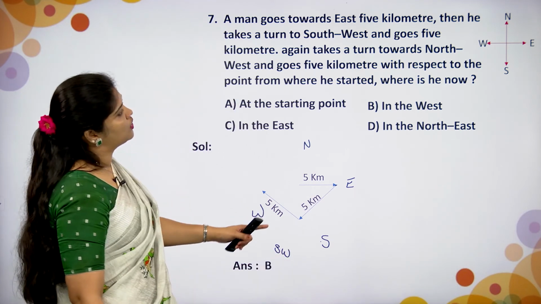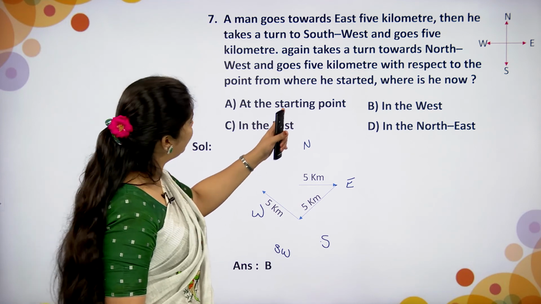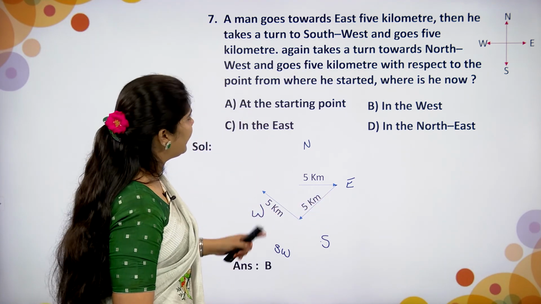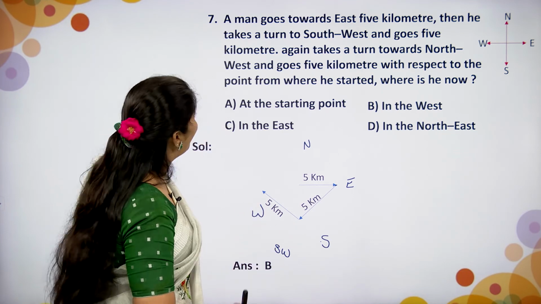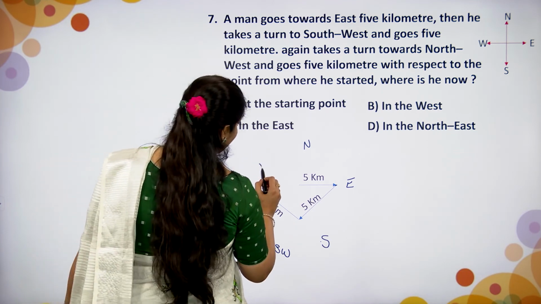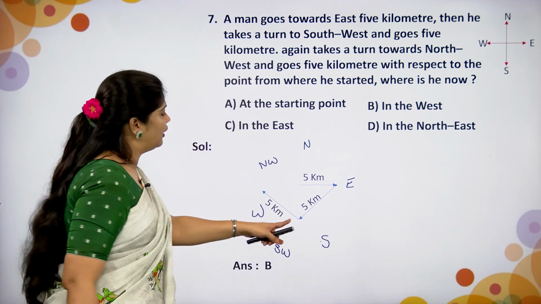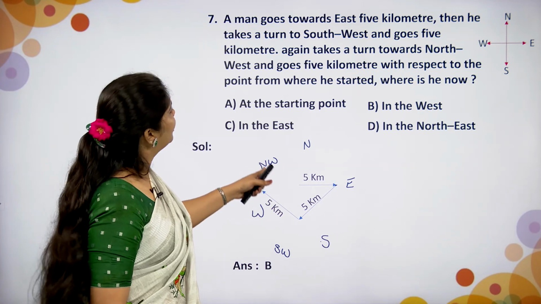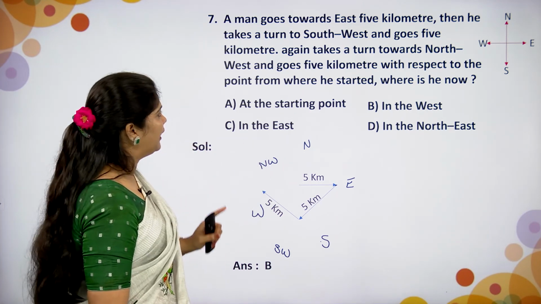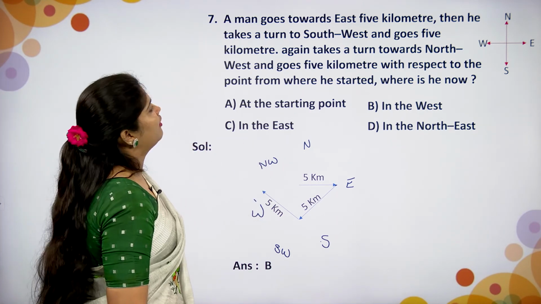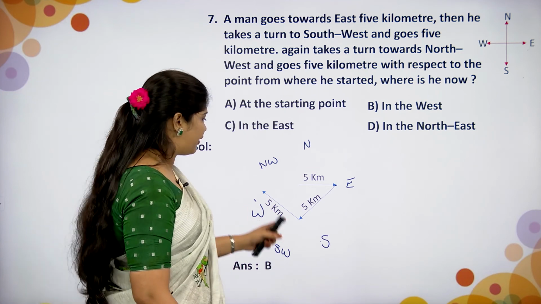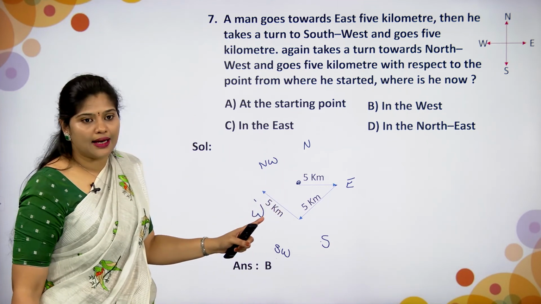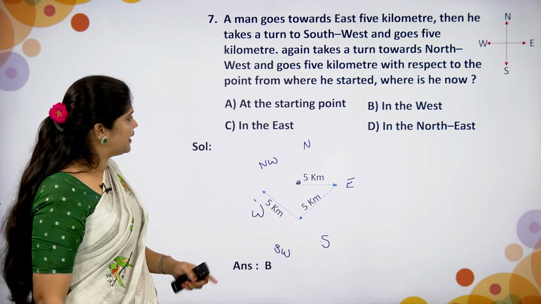So that man travels southwest 5 kilometers, and again takes a turn northwest, this is the northwest corner. So that man goes 5 kilometers northwest with respect to the point from where he started. Here he started, and where is he now?